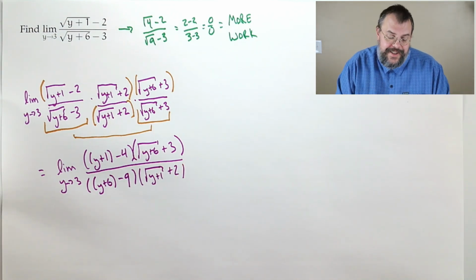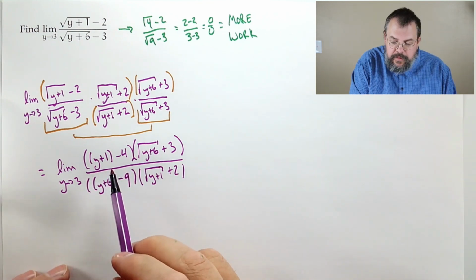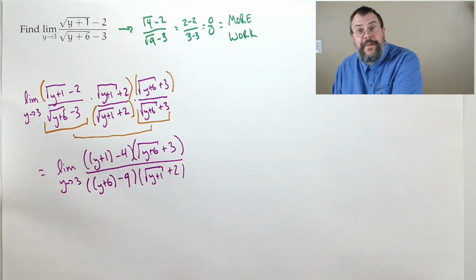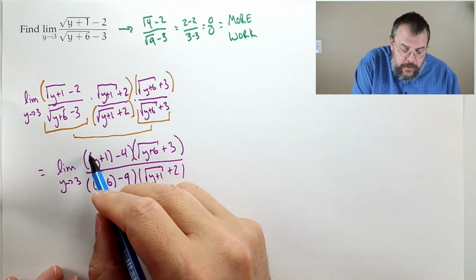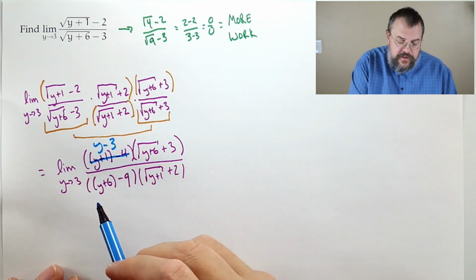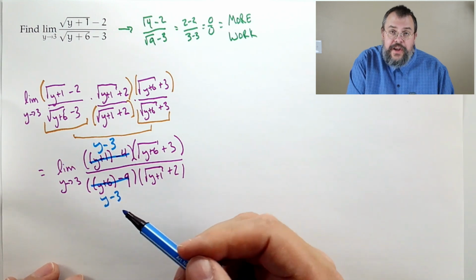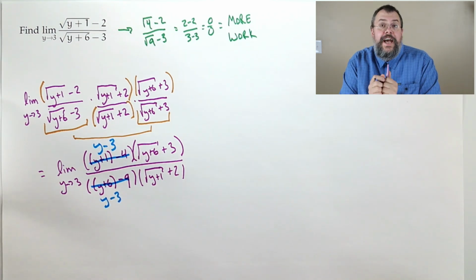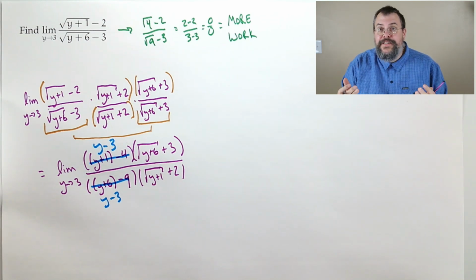Now, let's think about this. Well, let's clean this up. y plus 1 minus 4, what's another way to write that? Well, we can write that as y minus 3. And y plus 6 minus 9? y minus 3. Now, we should have anticipated that there should be something that looks like y minus 3.